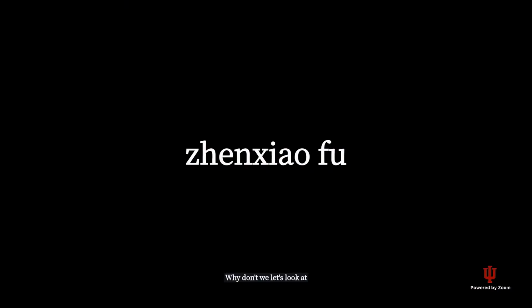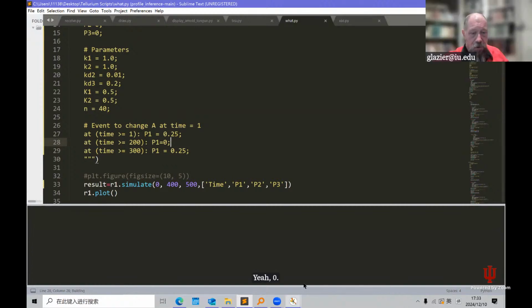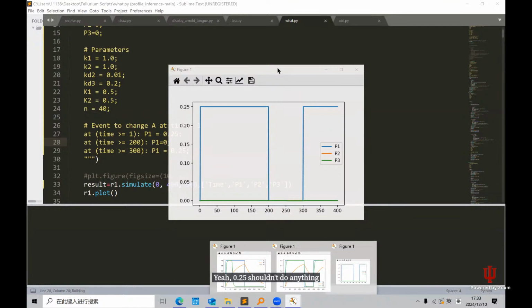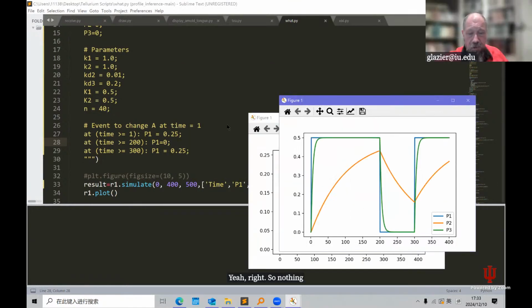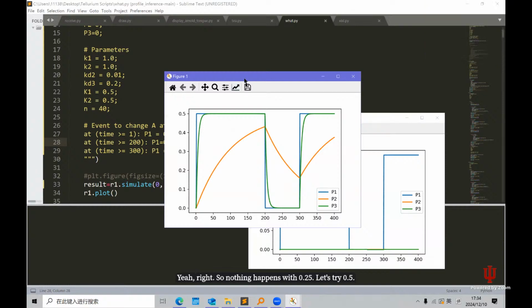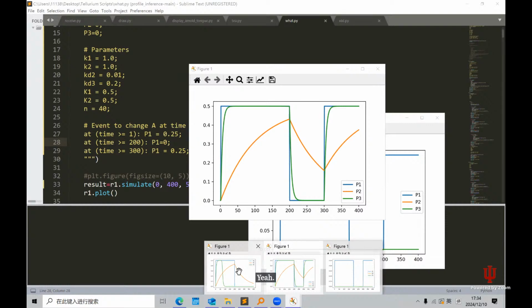Why don't we look at it together. Yeah, sure. Yeah, 0.25 shouldn't do anything. So let's see. Yeah, 0.25, right. So nothing happens with 0.25. Let's try 0.5. Yeah, this is 0.5. And this is 1.